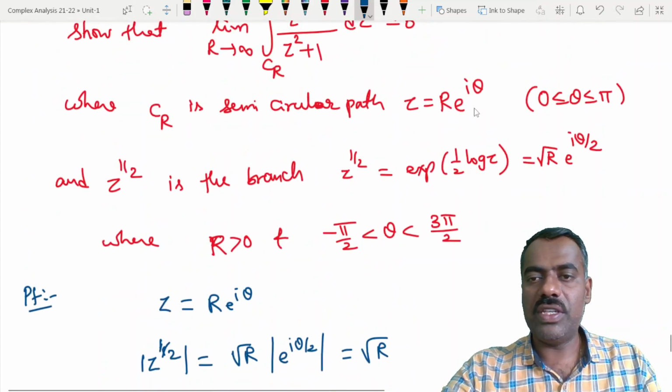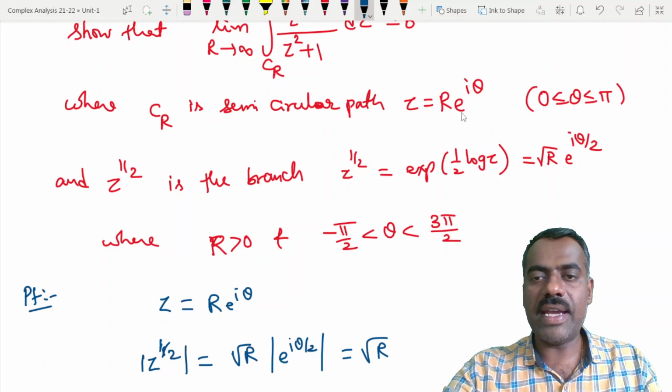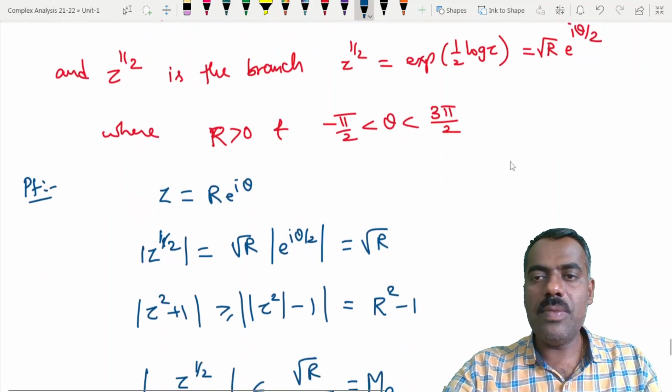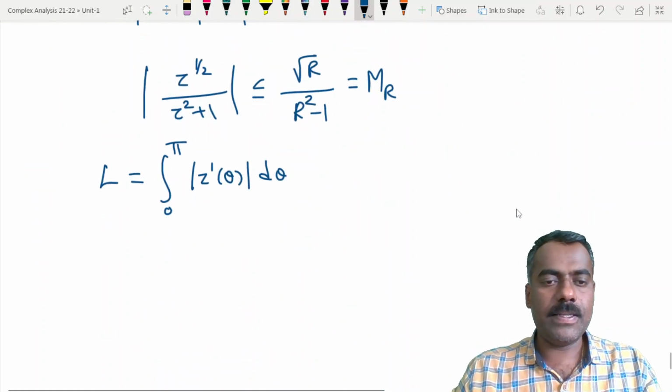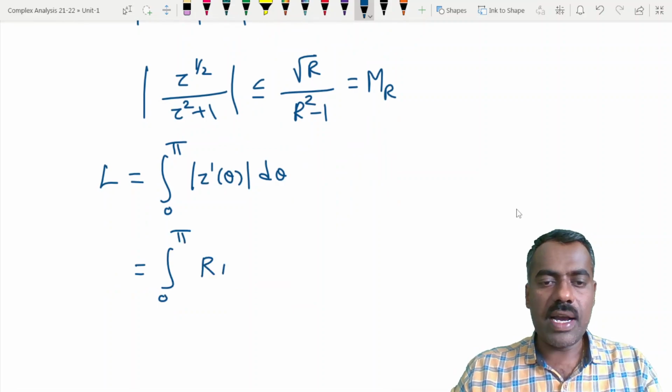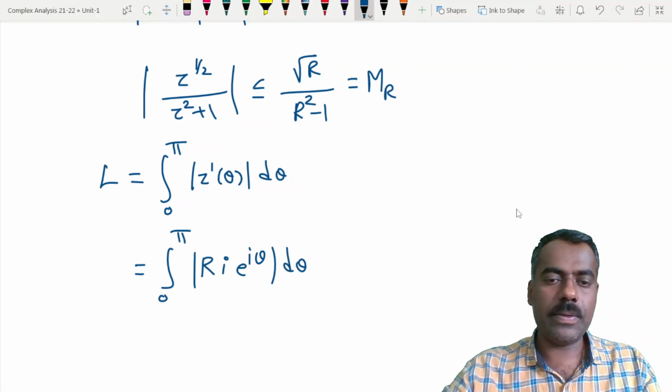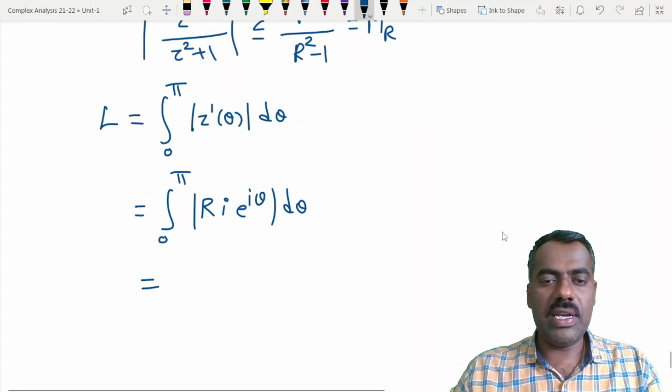Our z of theta is R e power i theta, so z dash is R i e power i theta. So this is the integration from 0 to pi of R times the modulus of e power i theta dt. This modulus is 1, so what you have here is pi R.